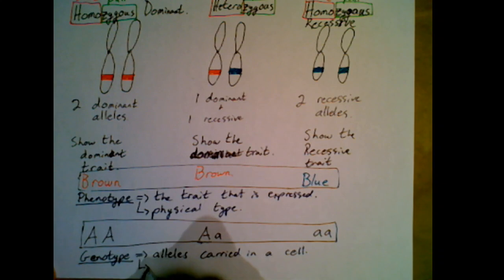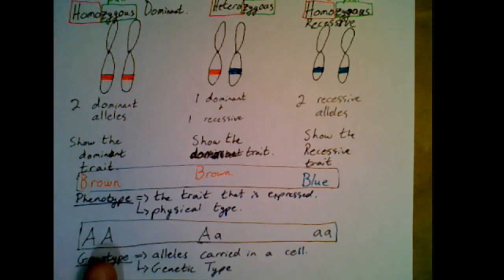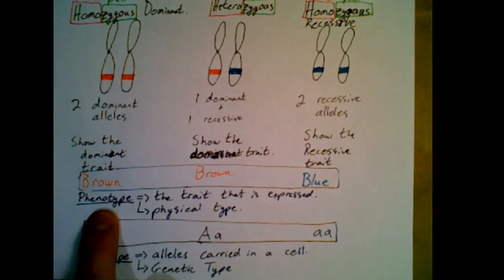A great way to remember it is your genotype is your genetic type. So the letters that are given to an organism to represent their alleles are called their genotype, but the trait that they show is called their phenotype.